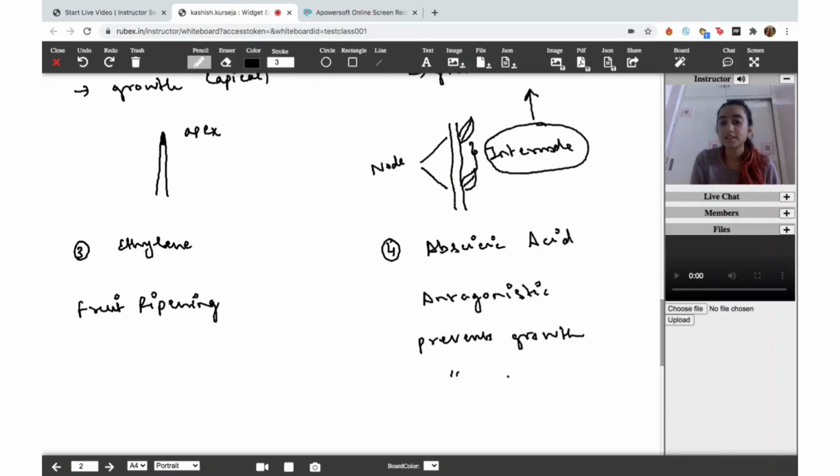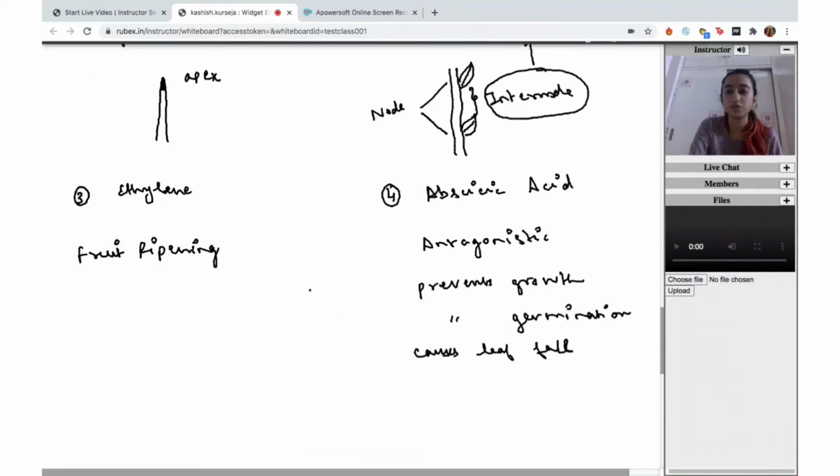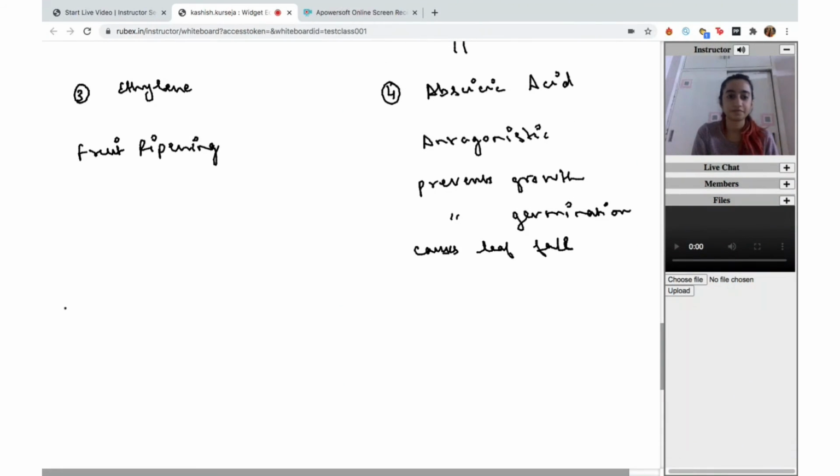It prevents germination of seed. It causes leaf fall. Leaves गिरा देता है plant की. So abscisic acid is going to do everything the opposite of what the other hormones were doing. Everything opposite.